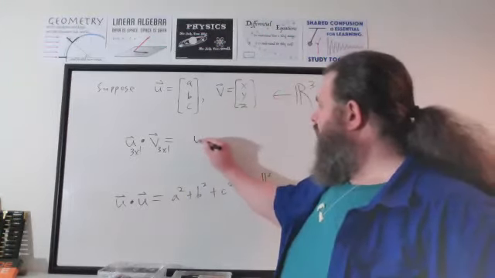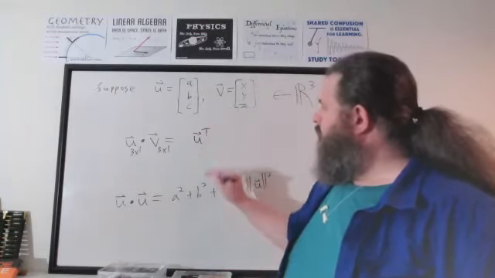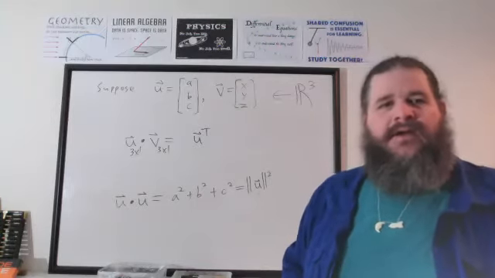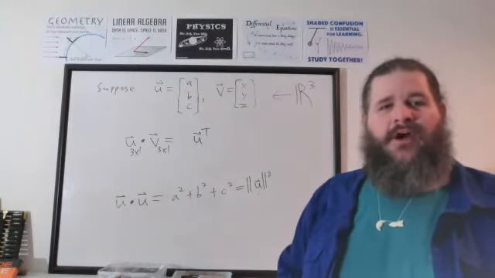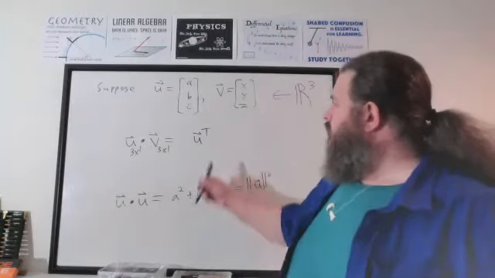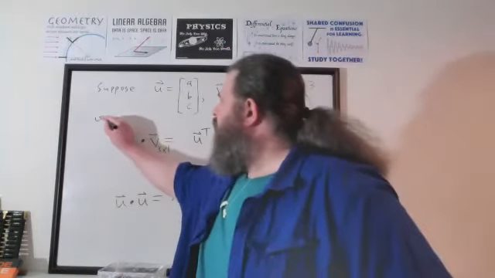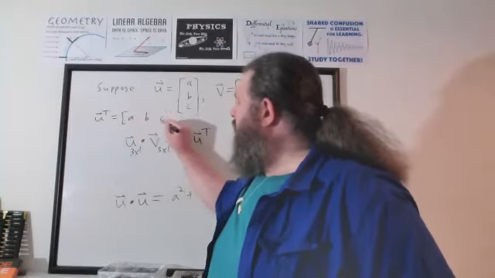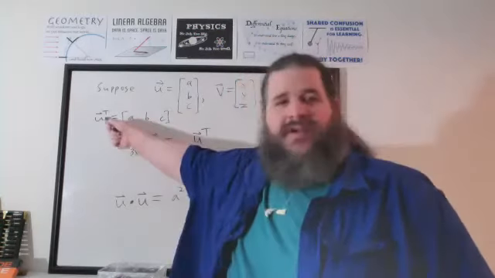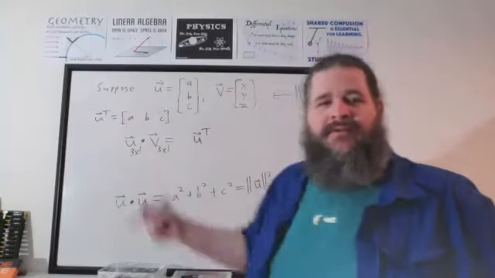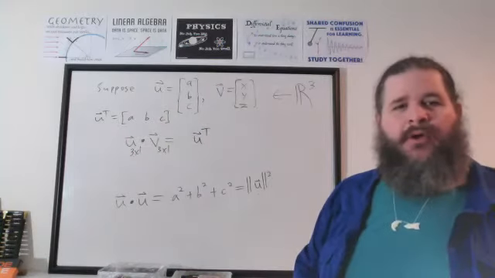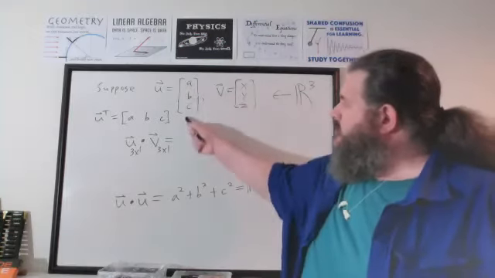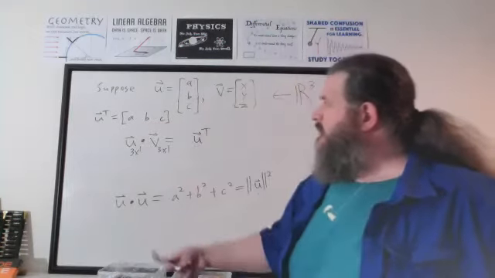So if we take U transpose, the transpose of a matrix, including a column vector, just means you rewrite every row as a column and vice versa. So U transpose would be A, B, C as a row instead of a column. So that's what this notation means. It's not to the power of t. It just means transpose, turn the columns into rows and vice versa. Every column of the original matrix becomes a row of its transpose.